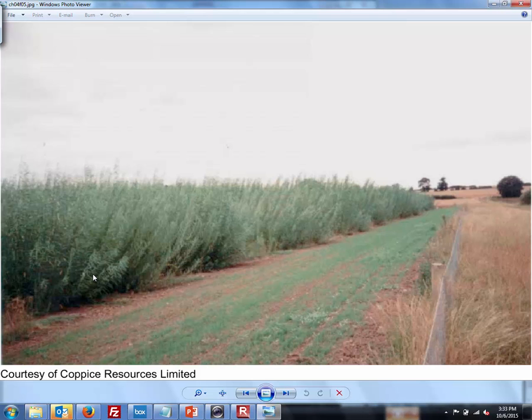It's not clear cutting, and it serves the dual purpose here of acting as a windbreak or a fence row or a property line. So you're getting dual purposes out of a purpose-grown biomass. And in the book, they talk about short rotation forestry and also short rotation coppicing.